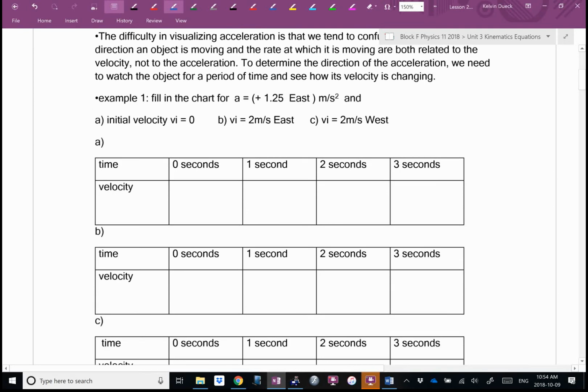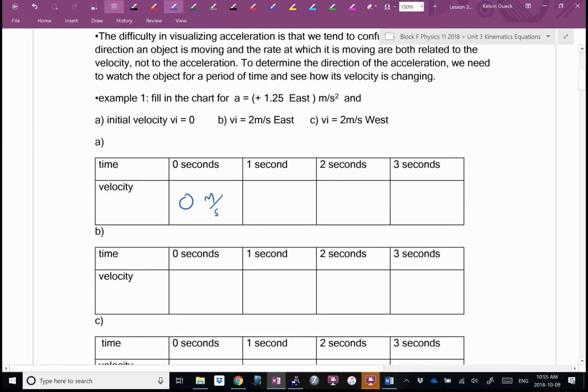So let's suppose that we start out with a VI of 0. So at 0 seconds, you can all fill in 0 meters per second. And now we're going to step on the gas. If we're accelerating at 1.25 meters per second squared, that means every second we're speeding up by 1.25.